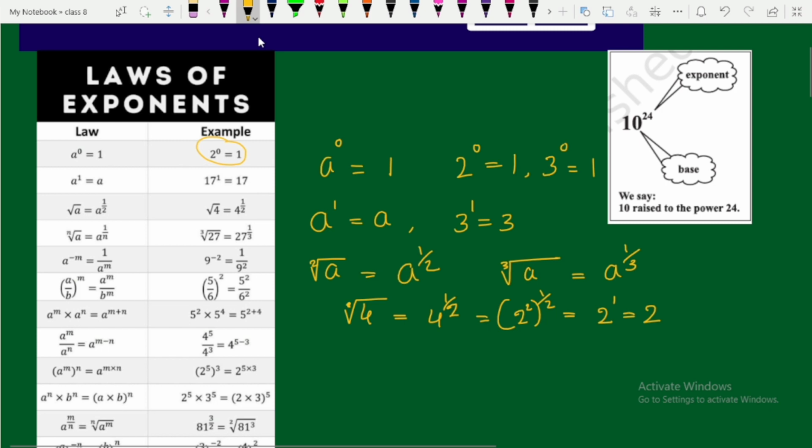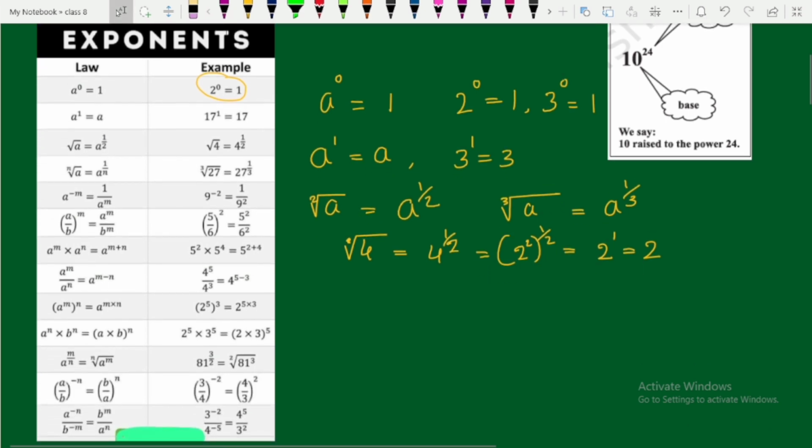The next law is the power of a raised to a negative number, a raised to minus m. Whenever the power is negative, we convert it into positive by taking the reciprocal of the given number, that is a raised to minus m is 1 upon a raised to m.